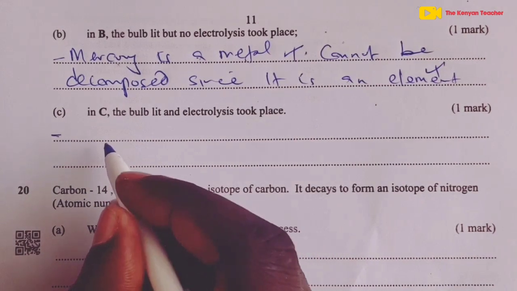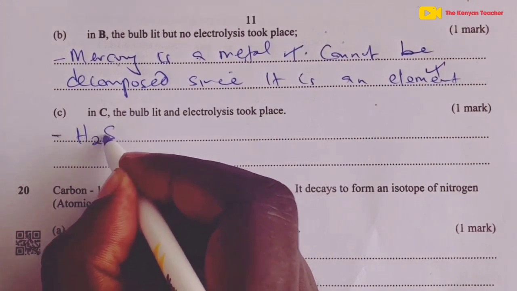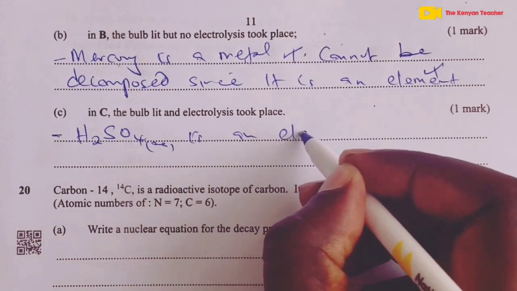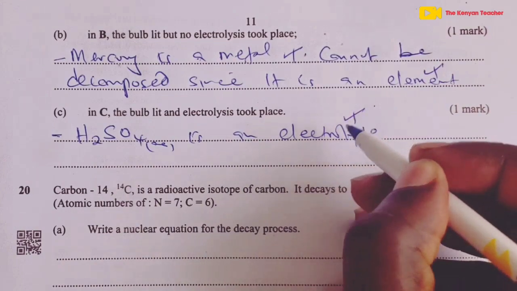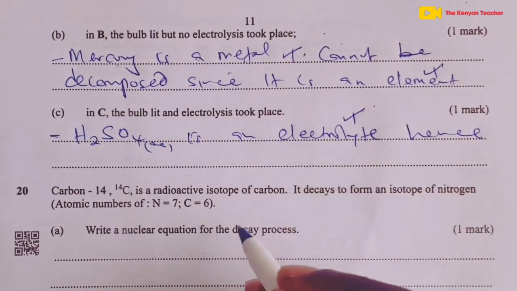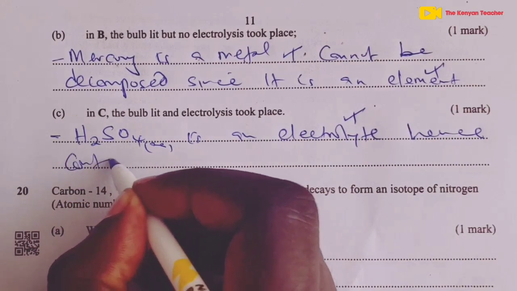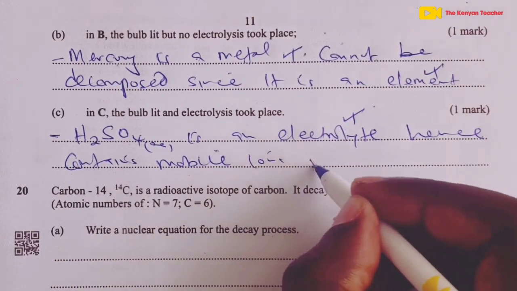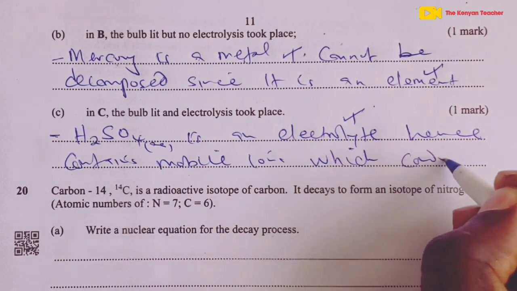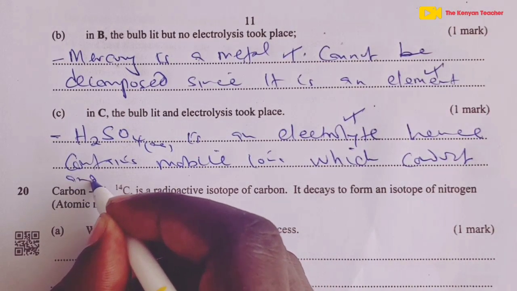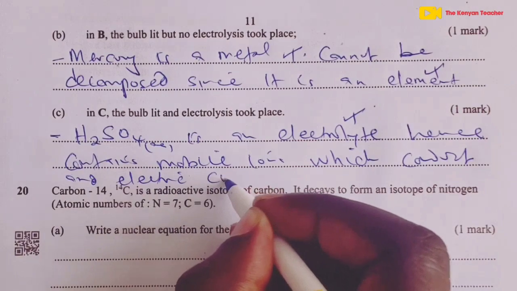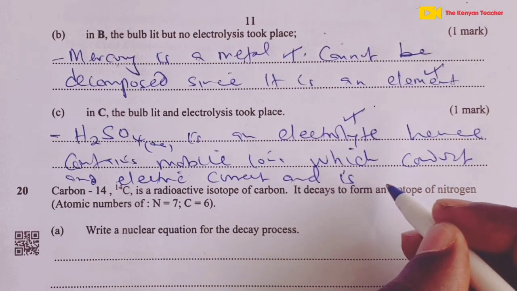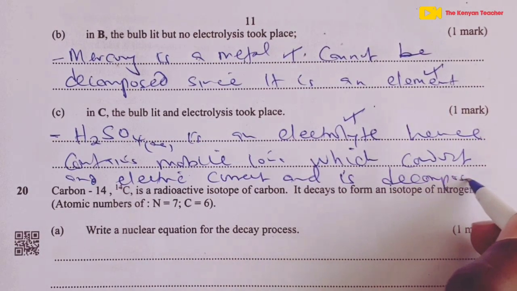The bulb lit because aqueous sulfuric 6 acid is an electrolyte, for the first half mark, hence it contains mobile ions which conduct an electric current, and in the process the electrolyte is decomposed.